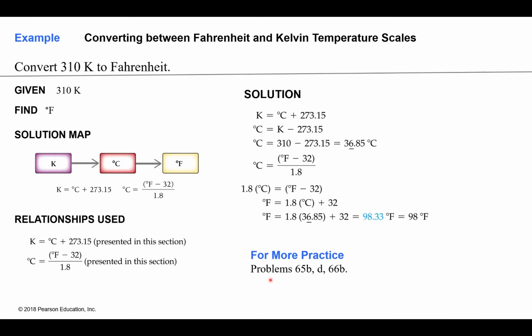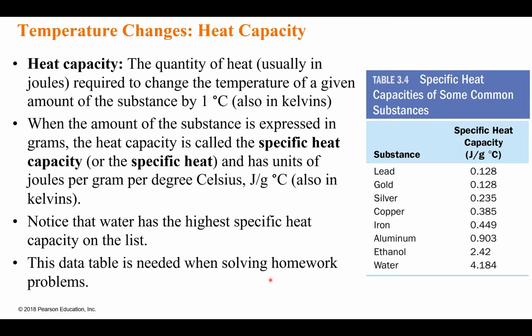Now, the last part of this chapter, we are going to look at how we actually measure the heat transfer between things. How can we use temperature to figure out how much heat has actually been transferred? In order for us to get that, we need three factors.